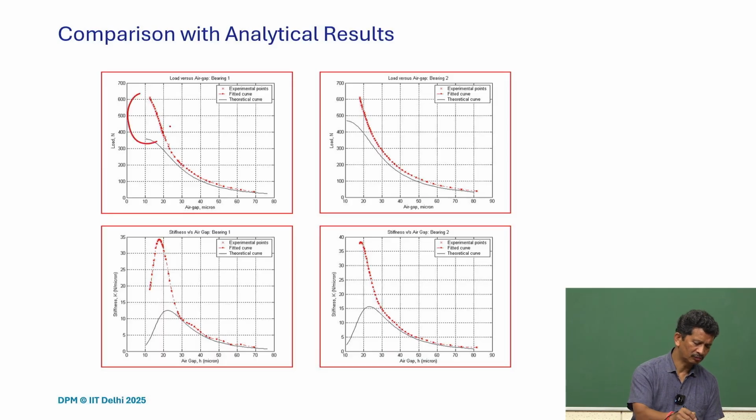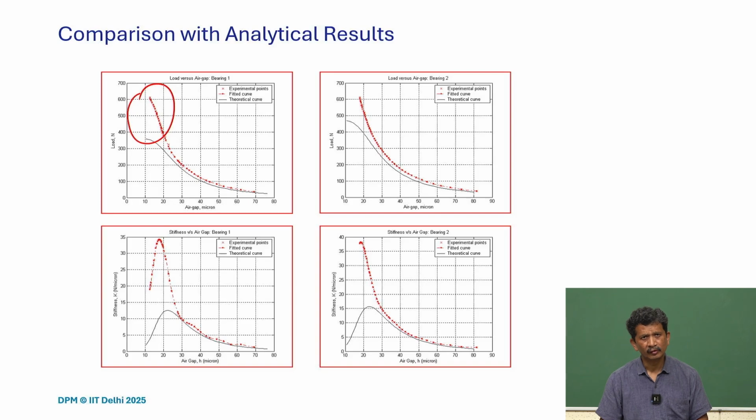In some regions, we see a deviation, and those deviations are only happening at a very small scale. A small change in values, or some assumption, may go wrong at those scales.